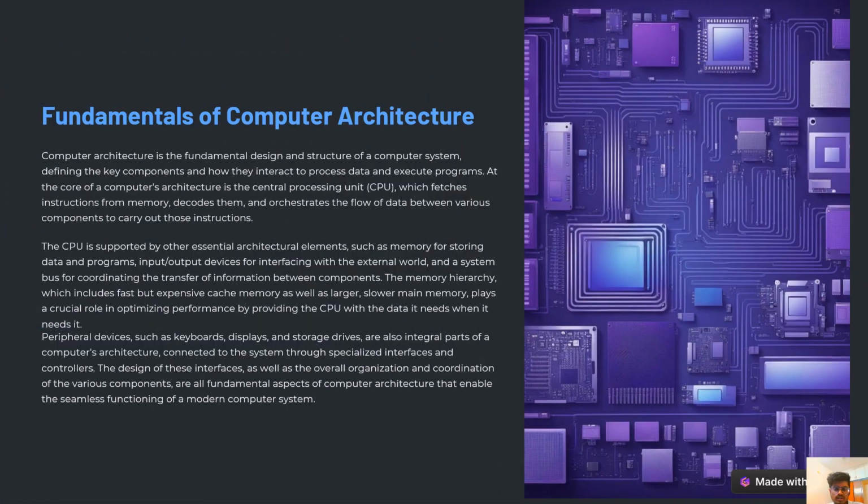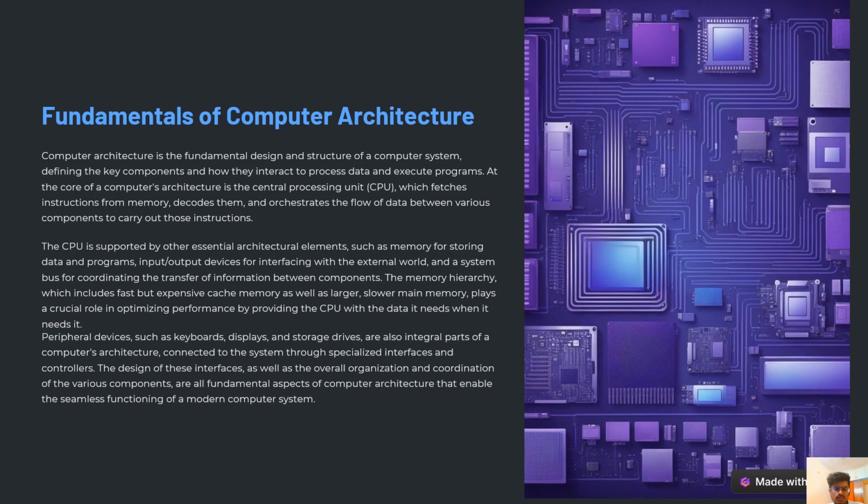Fundamentals of computer architecture. Computer architecture is the fundamental design and structure of a computer system, defining the key components and how they interact to process data and execute programs. At the core of a computer's architecture is the central processing unit, which fetches instructions from memory, decodes them, and orchestrates the flow of data between various components to carry out those instructions.